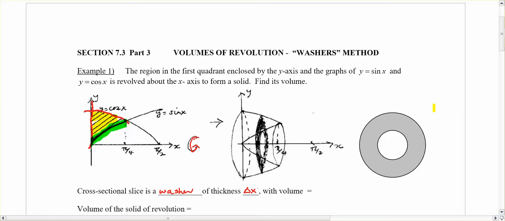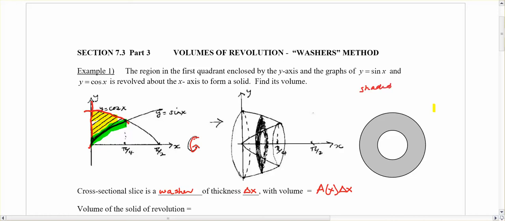And the volume of this is going to be the area of our cross-section times the thickness of it, which is delta x. All right, so the thickness is delta x. I need to know what the cross-sectional area is. And so let's see if we can figure that out.